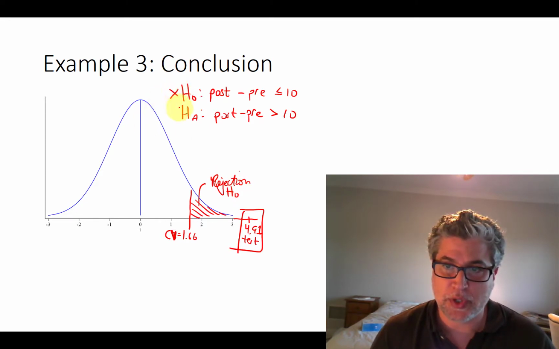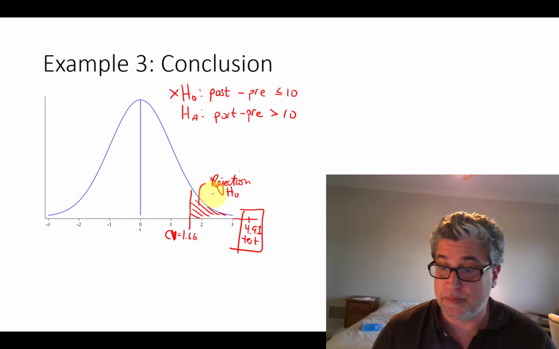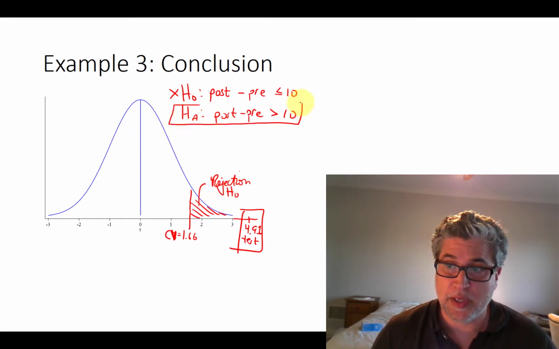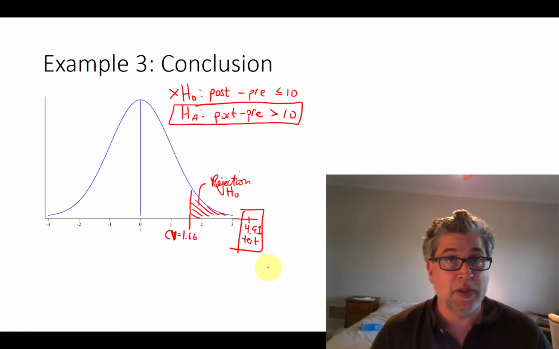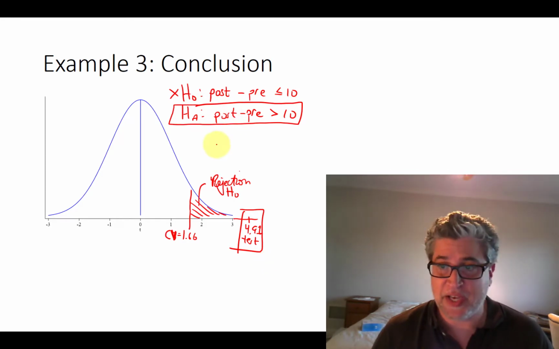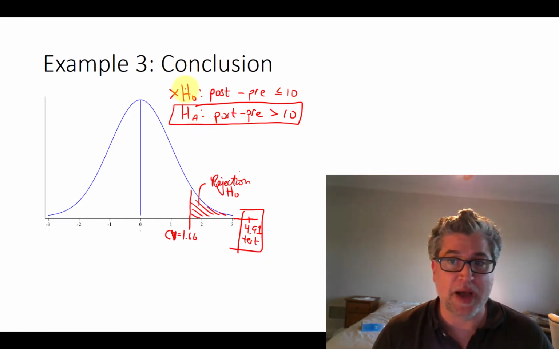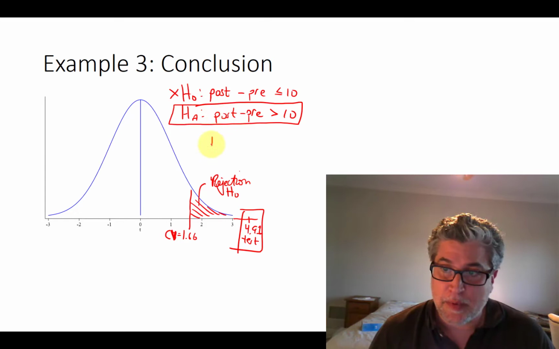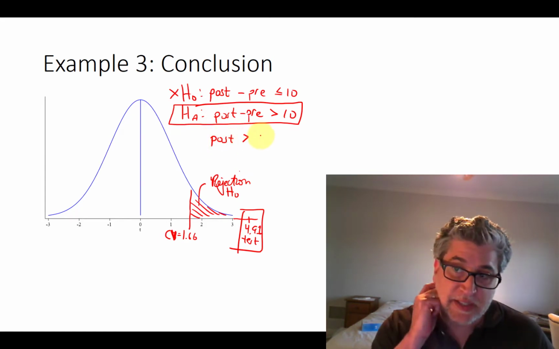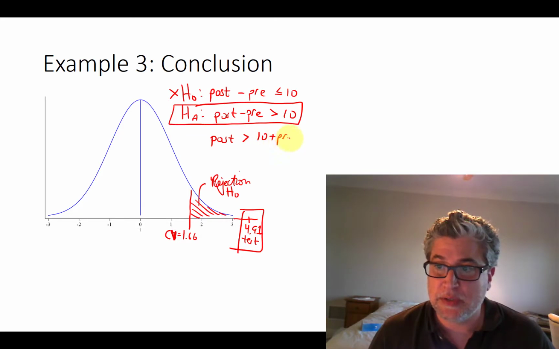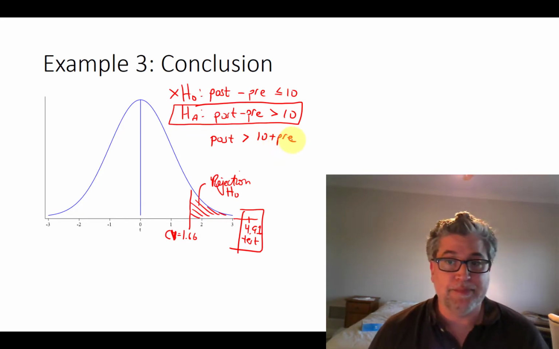So, which means we get to conclude the alternative. We have sufficient evidence to reject the null hypothesis. What's left? The alternative hypothesis, that post is at least 10 units more than the pre.